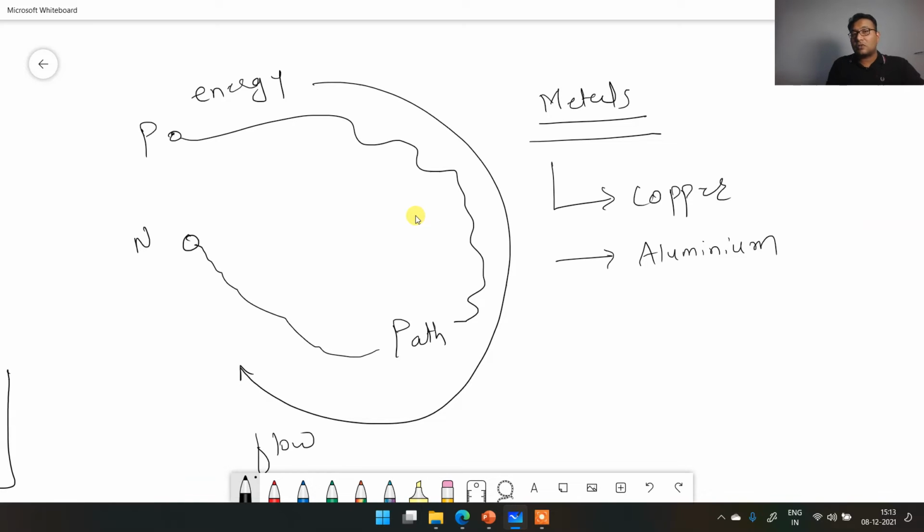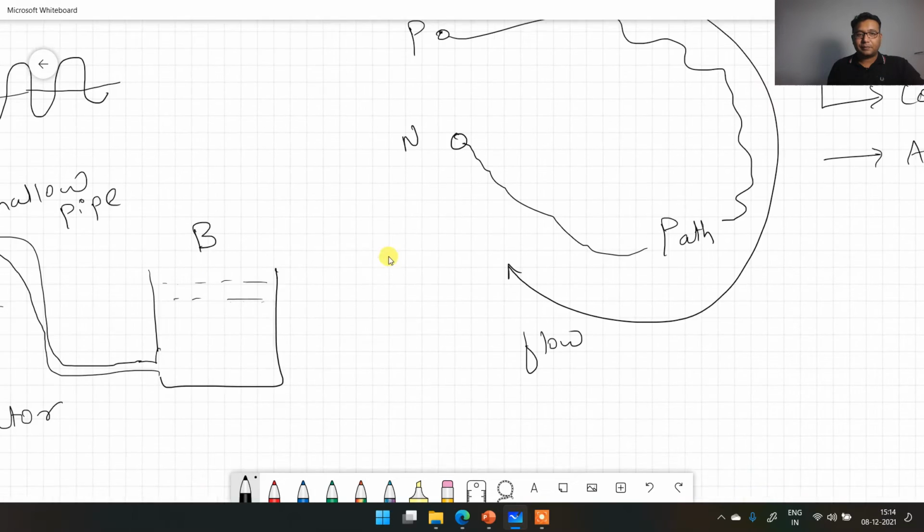Gold and silver are also very good conductors of electricity, and they are used at some places. You might see the microprocessor pins sometimes are made up of gold, or they are gold plated because they are highly conductive. So all metals for now are considered conductors of electricity.